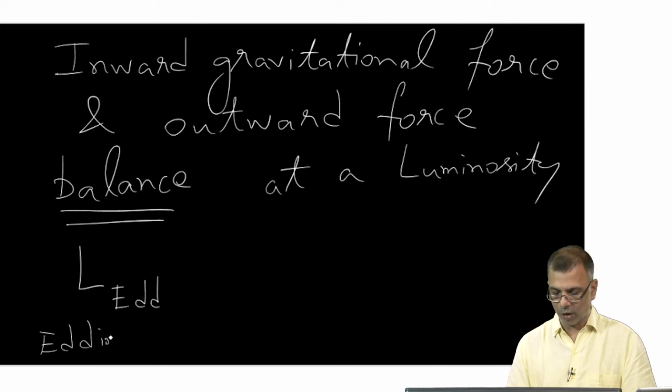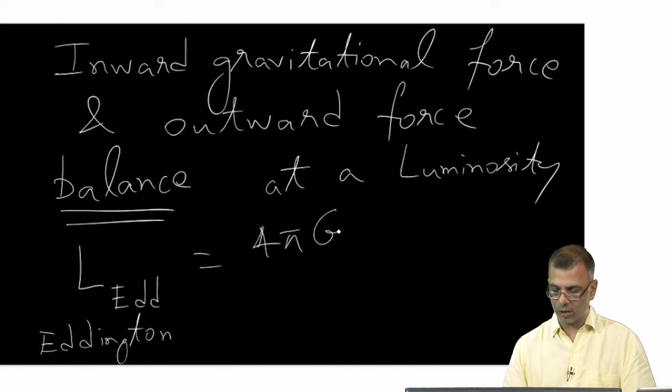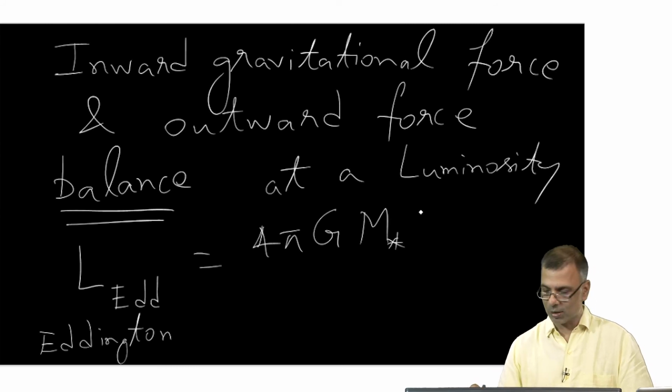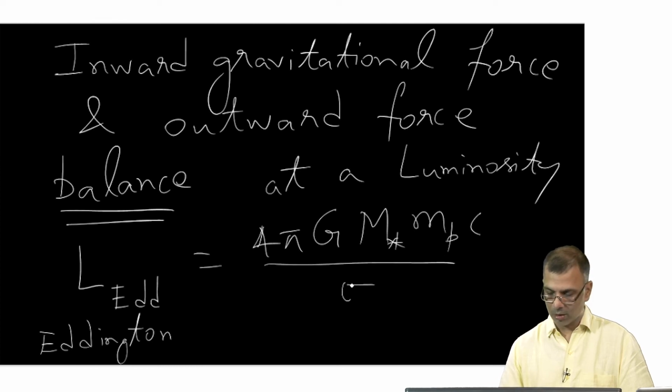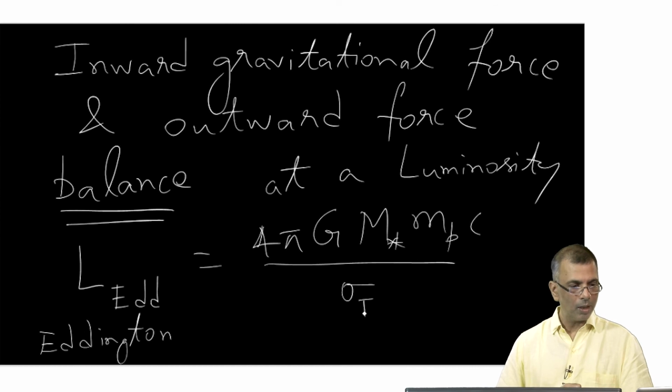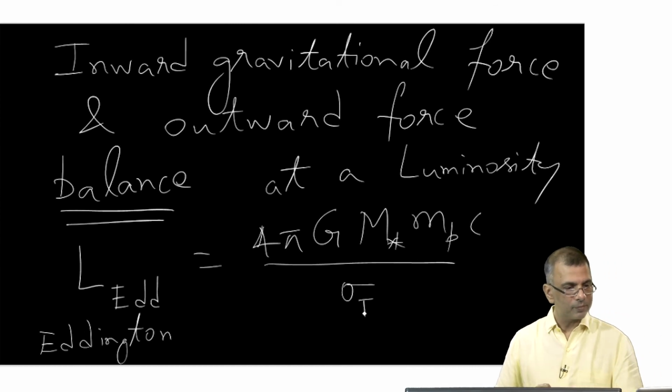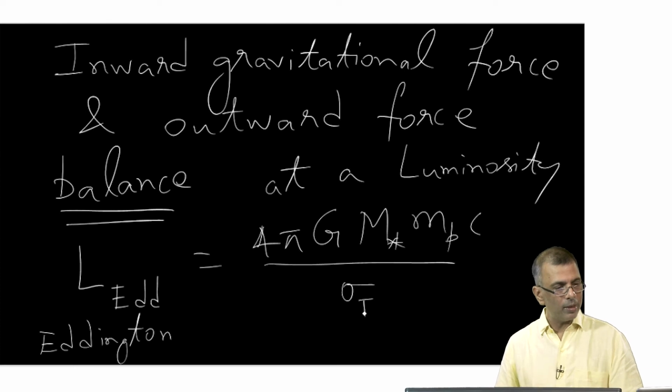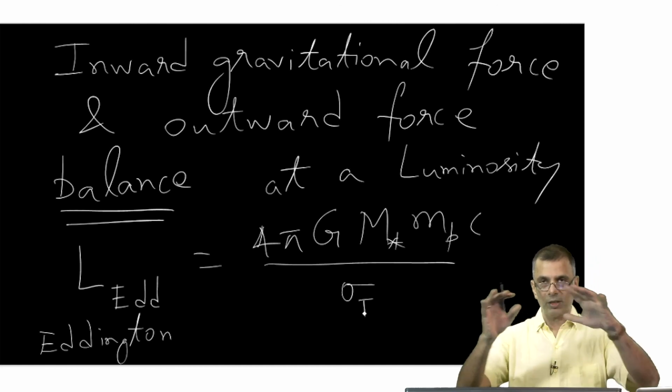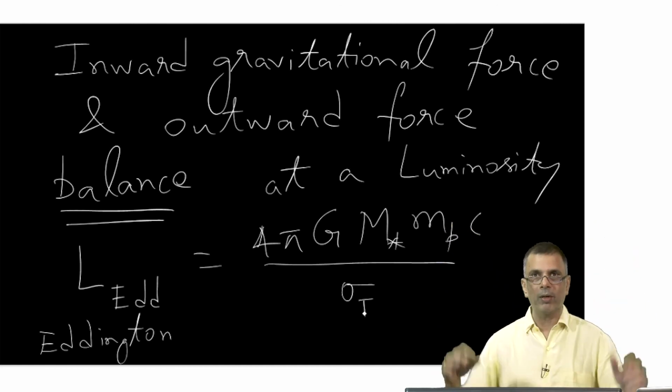in honor of the famous astrophysicist Arthur Eddington. And this is given by 4 pi G M star, where M star is the mass of the central object, m p c over sigma T. And so when the luminosity of the central object is larger than this value, the surrounding hydrogen gas, which is trying to accrete, will be blown away by radiation pressure.